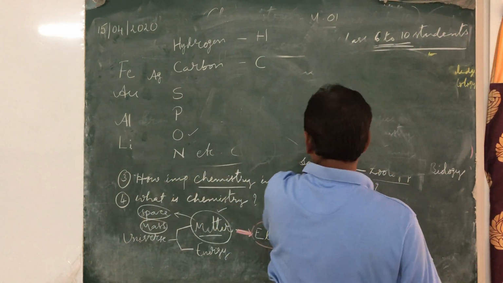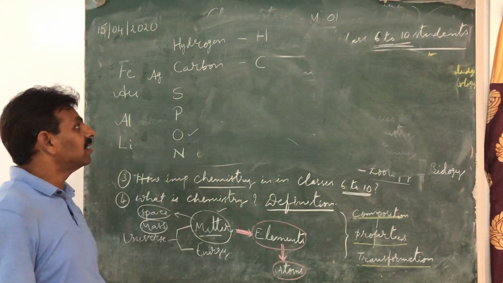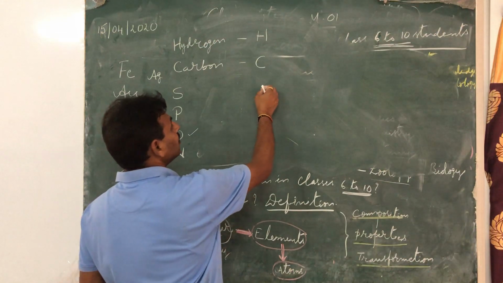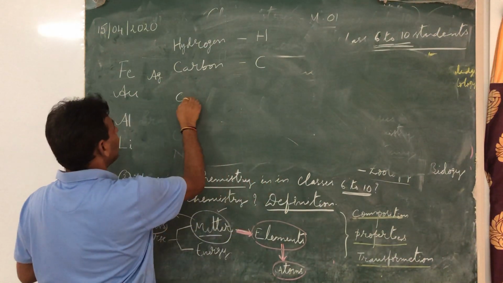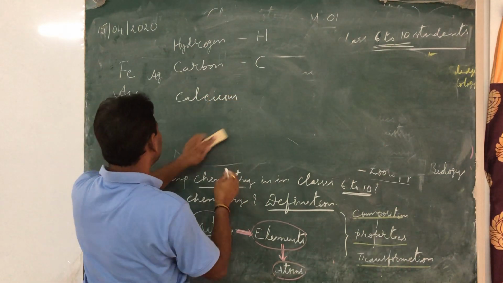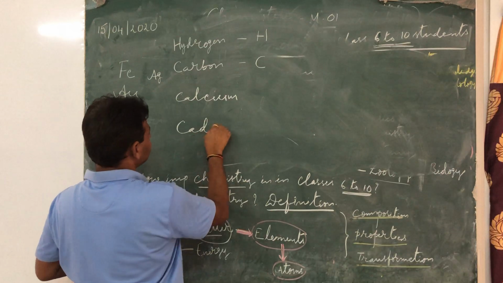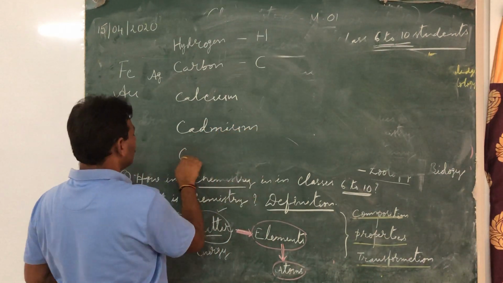Now, one element name is carbon, which is of course a non-metal. I have written here. There is another element named calcium. Another element named cadmium. There is another element named cobalt.